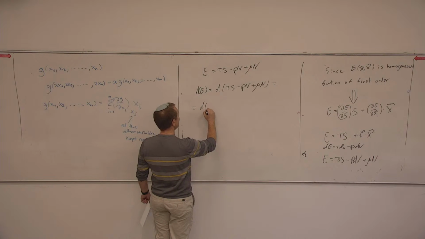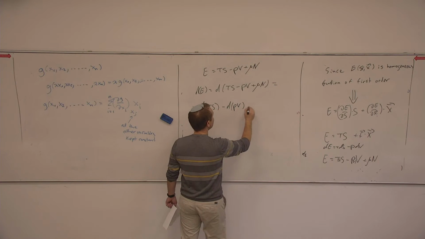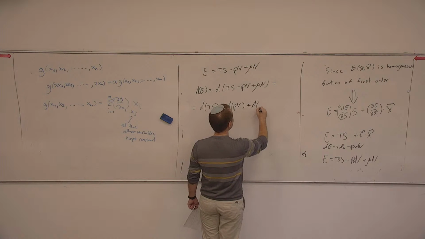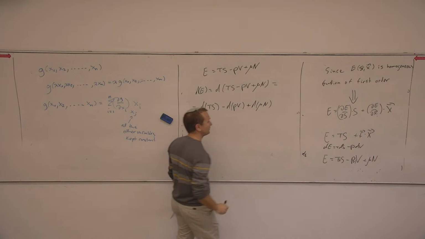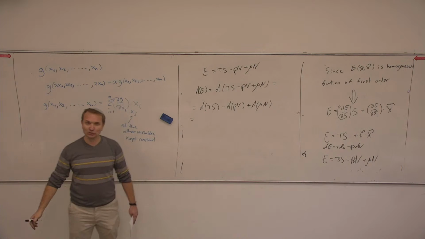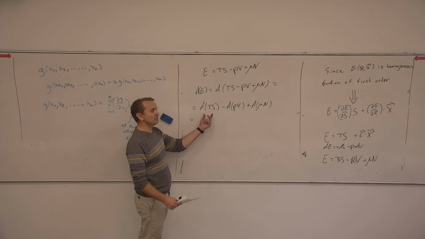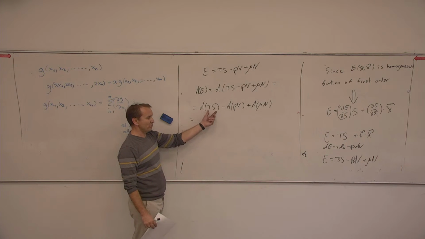So this is d of TS minus d of PV plus d of mu N. A differential of a multiplication of two functions is just like taking a derivative of a product.